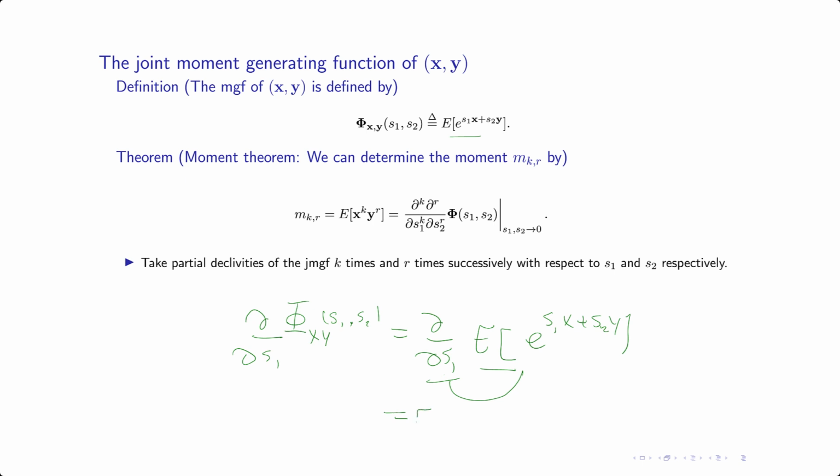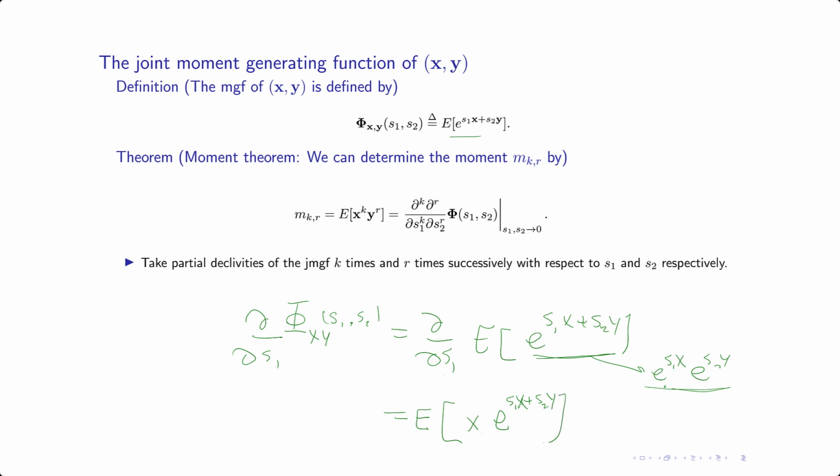What you get is the expected value of the differentiation of this function. The partial derivative with respect to s1 gives one extra x.